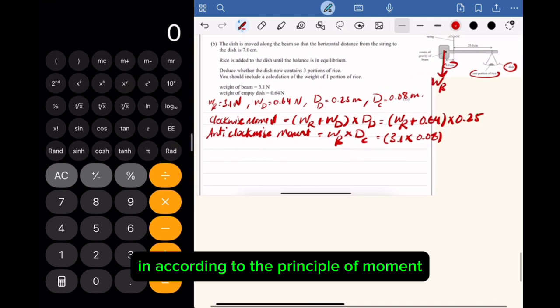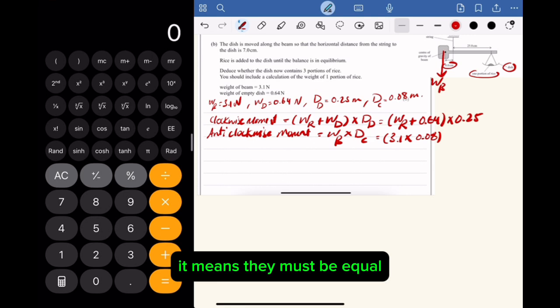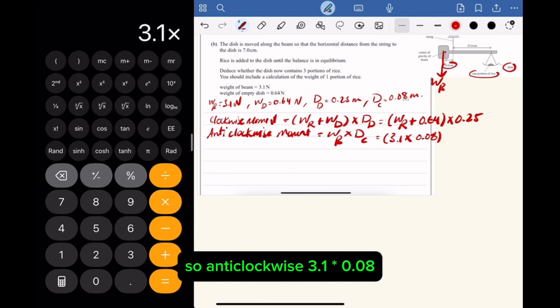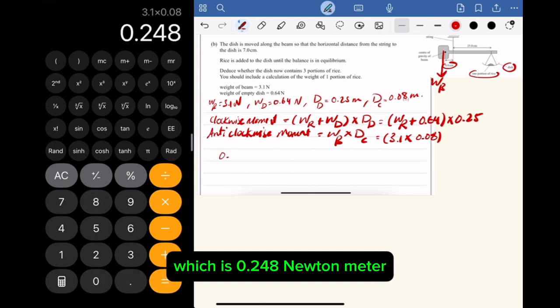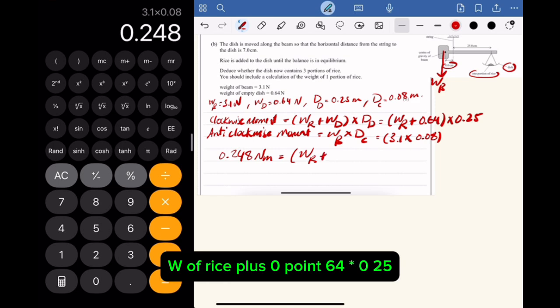According to the principle of moments, these two moments in the equilibrium position must be equal. So anticlockwise, 3.1 times 0.08, which is 0.248 Newton meter, equals the right side, W of rice plus 0.64, times 0.25.